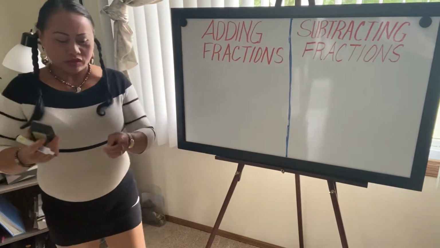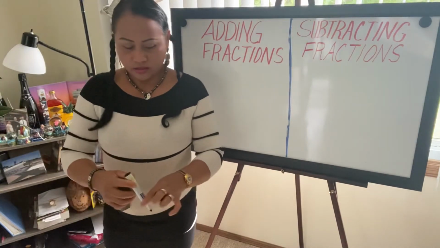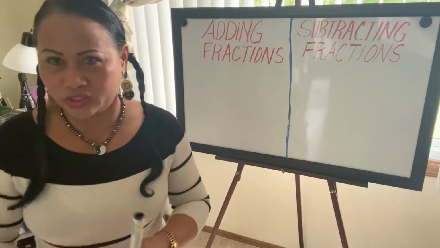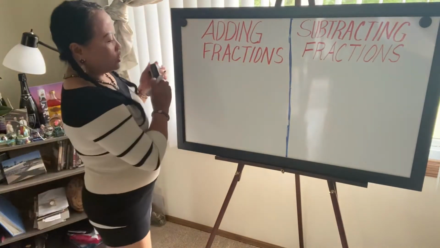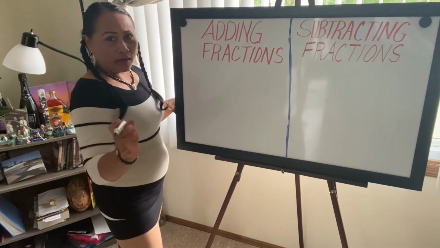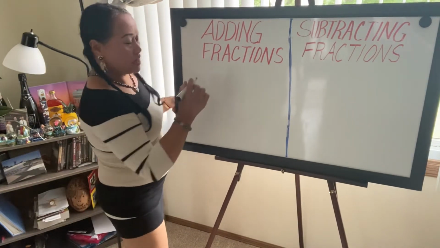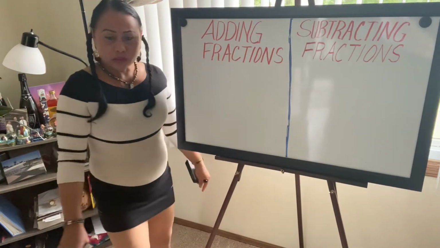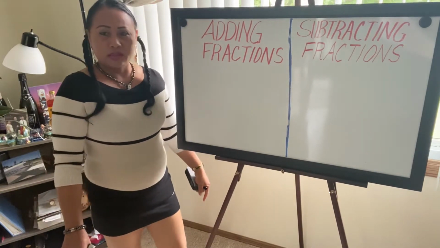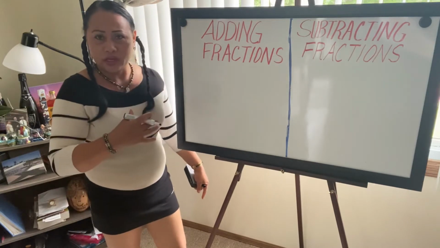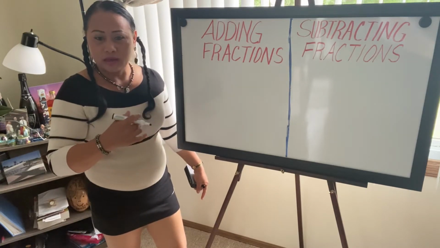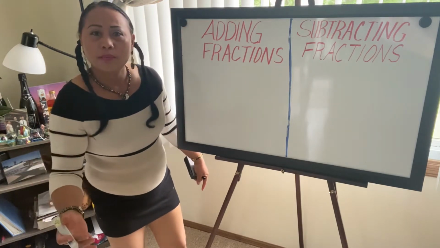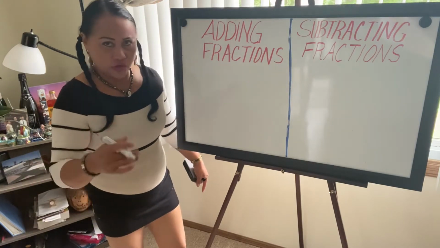Please ask questions if you don't understand, okay? I am here to answer your questions if you have questions, okay? Thank you. So, now I'll give you an example of mixed fraction. So, the mixed fraction is a whole number plus a proper fraction.